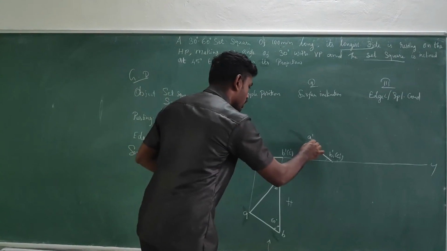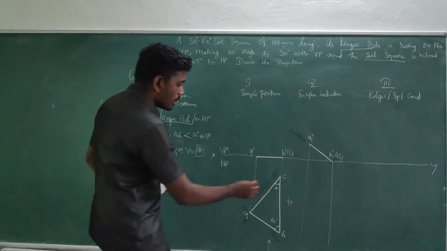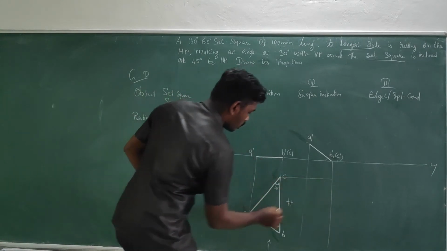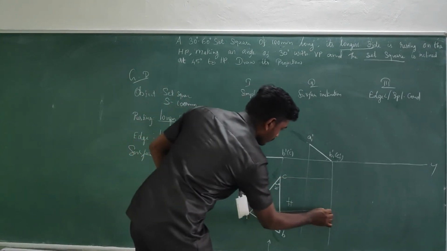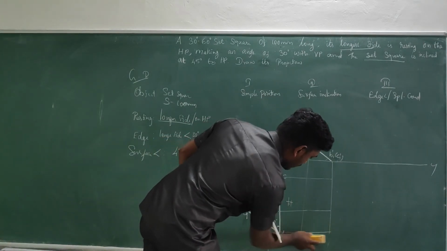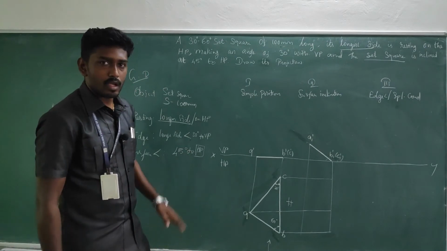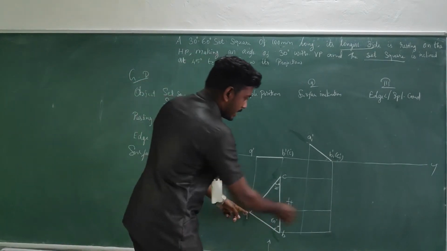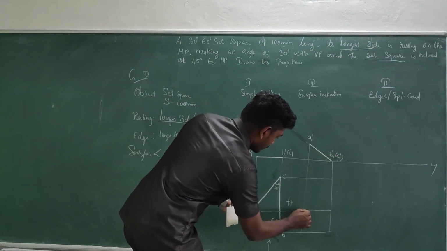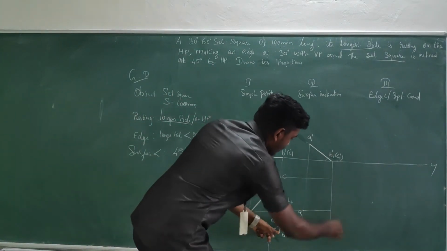So take the projectors from the points in order to get the true shape for this inclination. Get the projectors from the previous stage as well, from each and every point. Do the mapping work. A horizontal, A vertical. This is A1. B horizontal, B vertical.